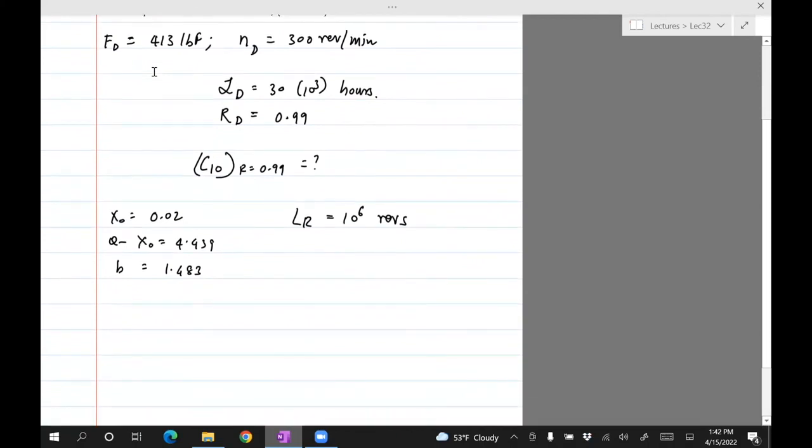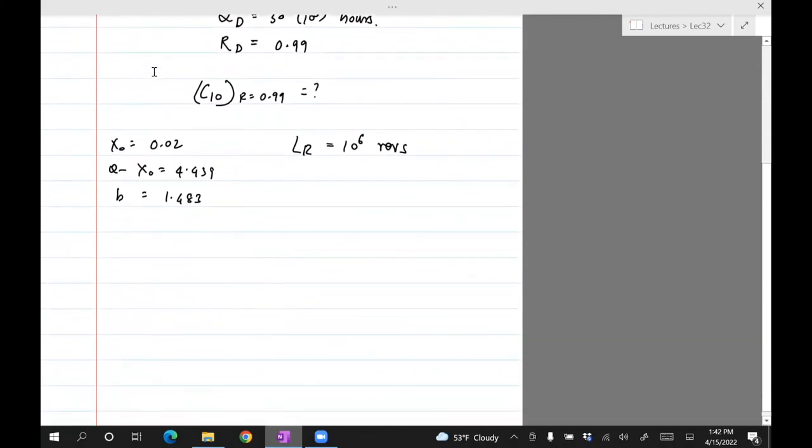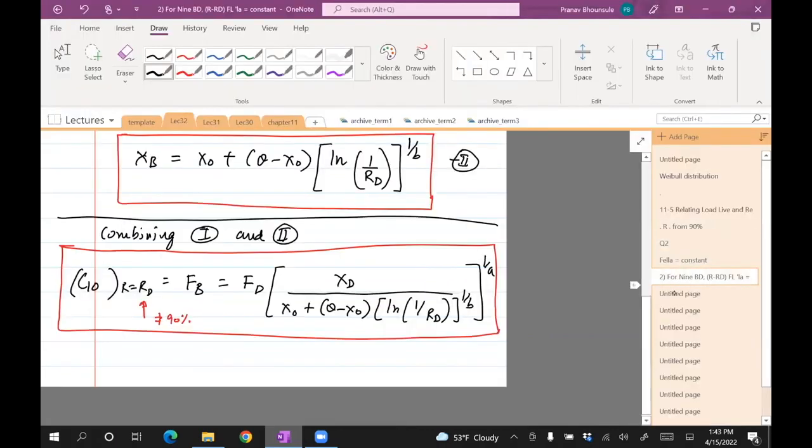Okay, so first let's just work it out backwards. Let's write down the formula for C10. So C10 at a different reliability is the formula which I'm going to copy from right here. This is essentially what I'm going to write.